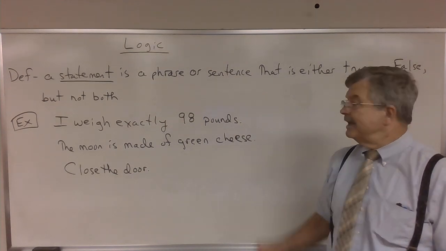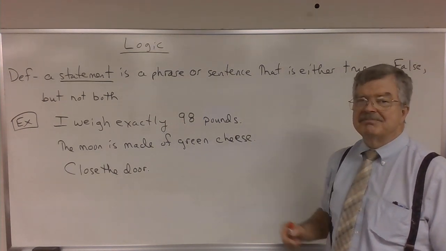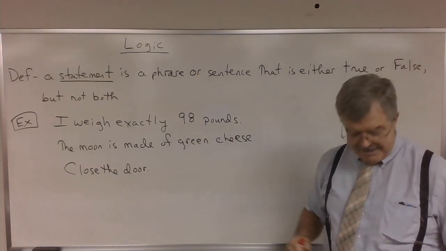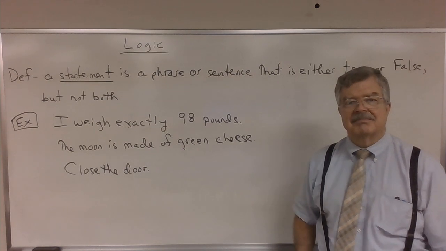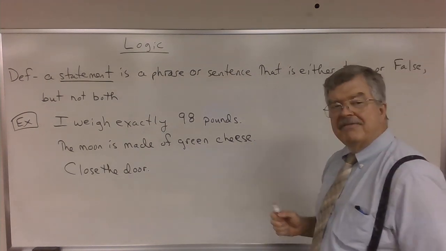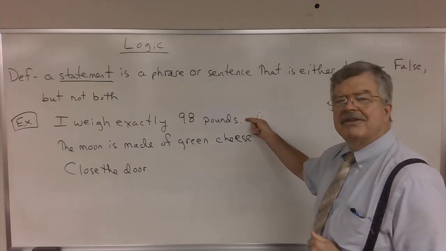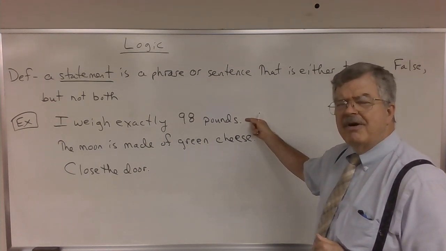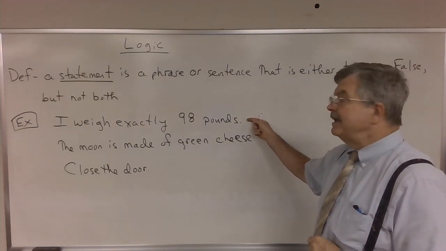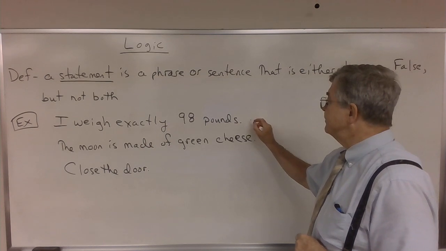If I don't weigh exactly 98 pounds, then this is false. I think it's false. But the fact that this sentence has to be either true or false, and it can't be both, means that this is a statement.